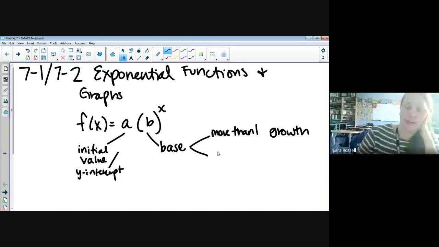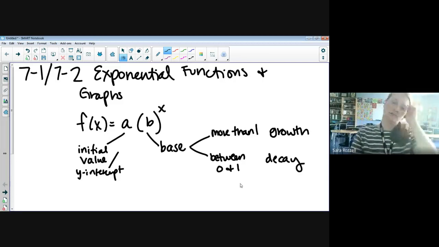So if it's between 0 and 1 for your base, that is a decay. So just think about this number here as your ratio like you did with the geometric sequences. Is it getting bigger? Is it being multiplied by a whole number or something that's more than 1? Is it getting smaller between 0 and 1?